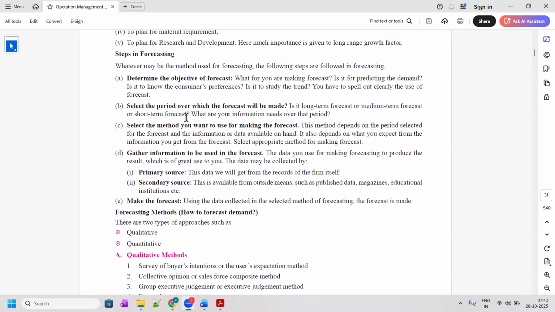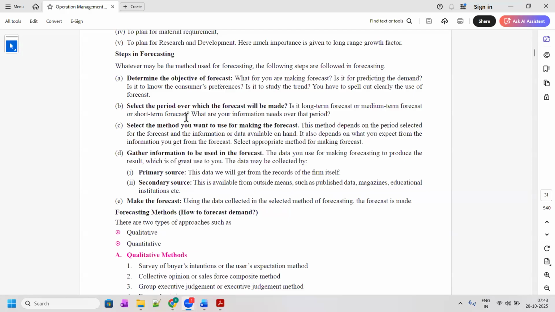Whenever we do forecasting, it is a statistical application, and whenever we work on statistics, we need to have an objective. So the objective needs to be clear. Whenever we work on forecasting, we need to have an idea about why we are doing the research. Are we doing research on macroeconomics to predict the demand, or do we want to understand the consumer preference, or do we want to study the future trend?